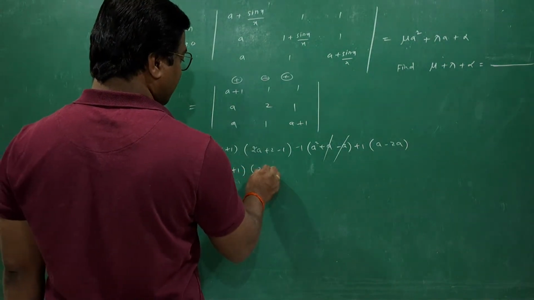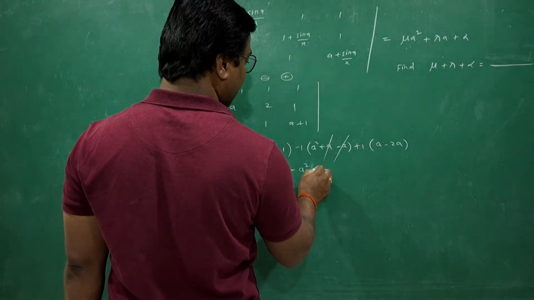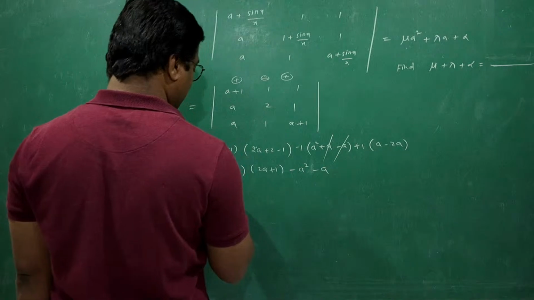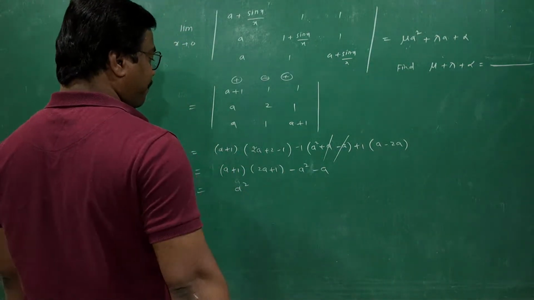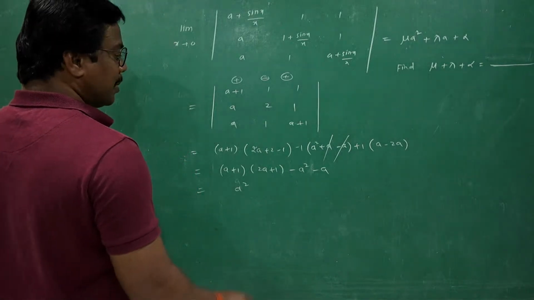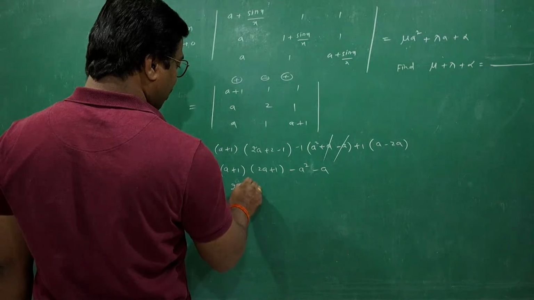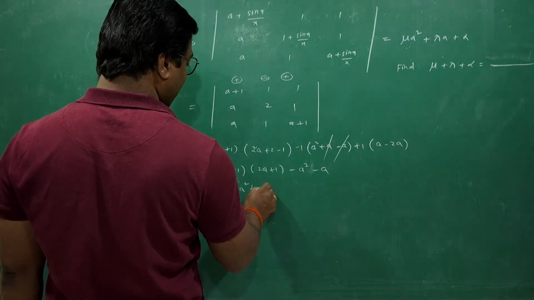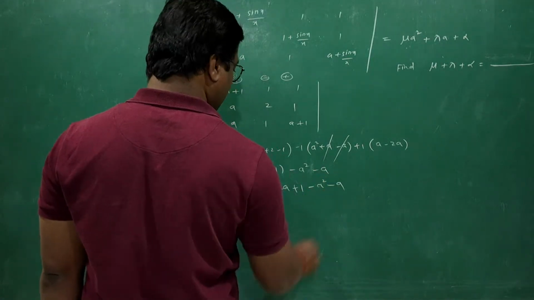a plus 1, 2a plus 1, minus a square minus a, 2a square minus a square. Next, let's simplify. a into 2a is 2a square, a into 1 is a, next 2a plus 1 minus a square minus a.